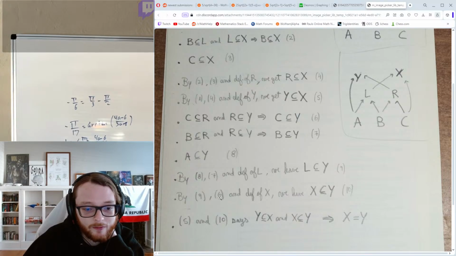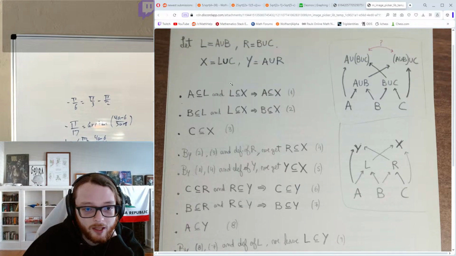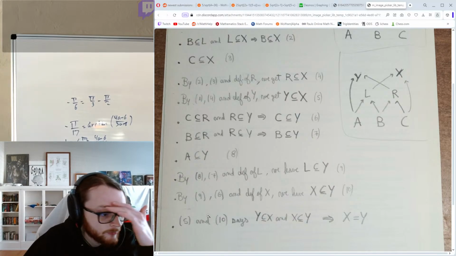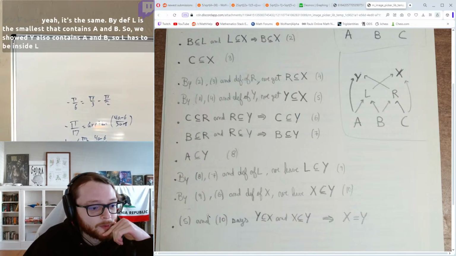By 9, 6 in the, or I guess not necessarily implicit if we're saying the definition, but by 9, 6 and definition of X, X is L union C. So we have C is automatically a subset of Y. We had the L subset of Y, so that means that their union must also be a subset of Y. Definition L also contains A and B, so L's inside Y, yeah.